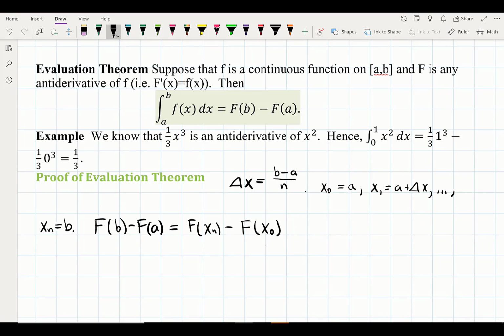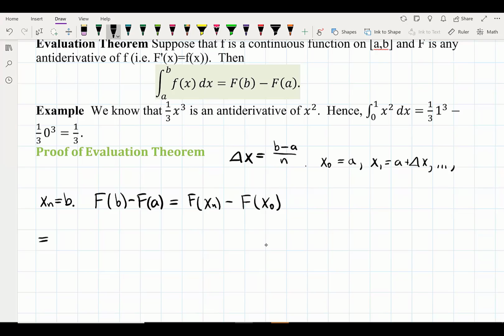And in fact, let me now do a common trick in analysis proofs. I'm going to add and subtract a bunch of the same term. So I'm going to subtract F of x sub n minus 1, and then I'm going to add F of x sub n minus 1. You're allowed to do that because when you add and subtract the same term altogether, that's just adding 0, which gives you the same thing.